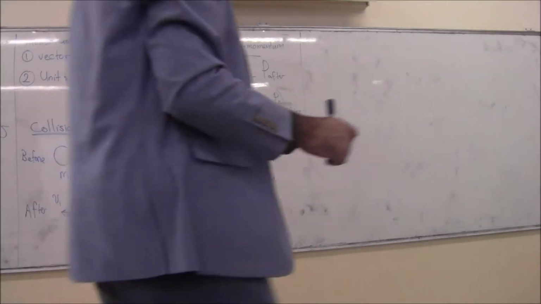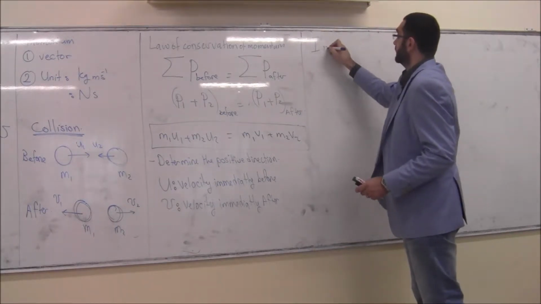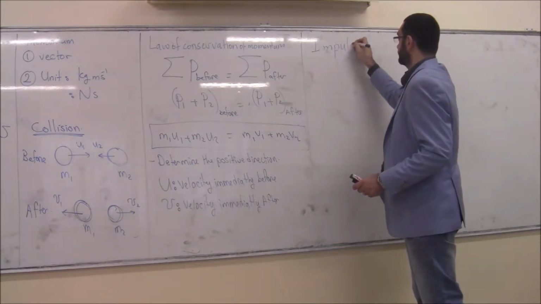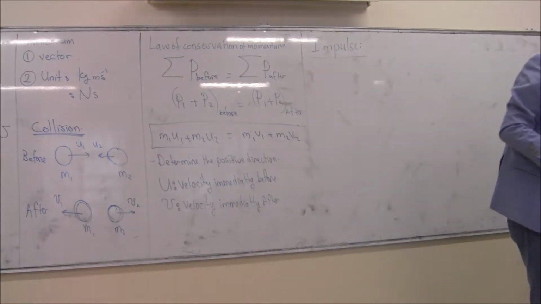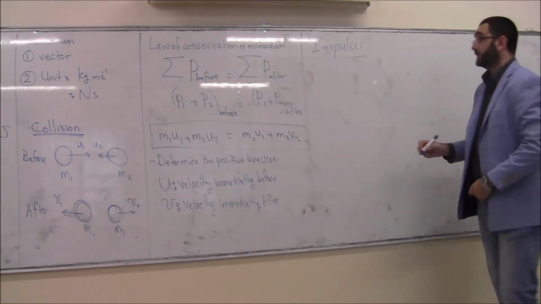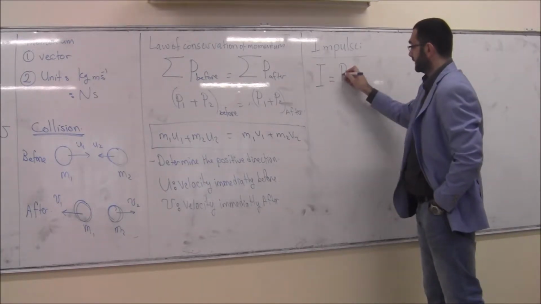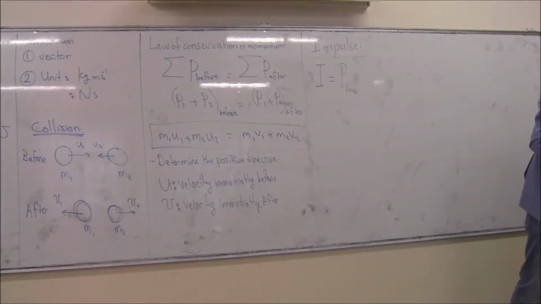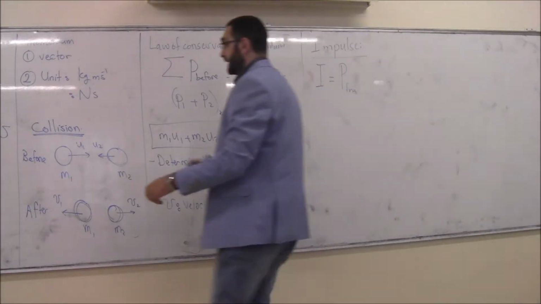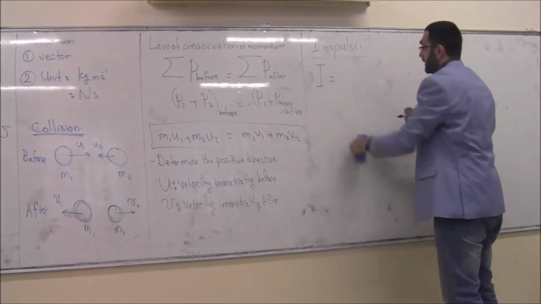Also, we have to define something called impulse. What is the definition of impulse? Impulse is P final or P after minus P before.